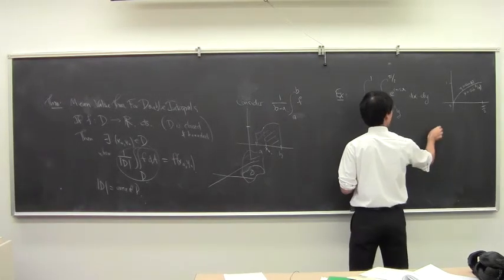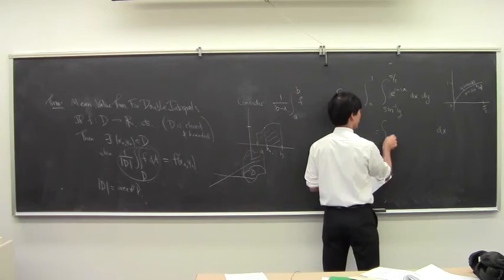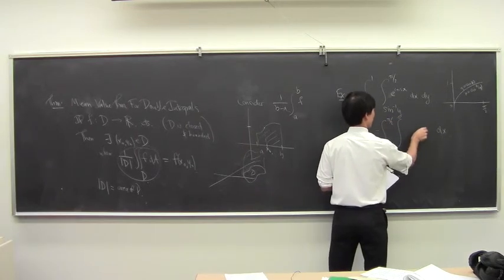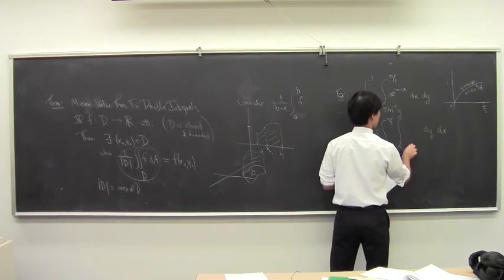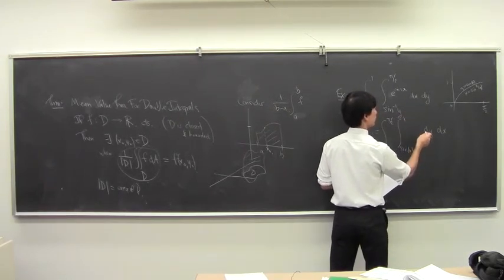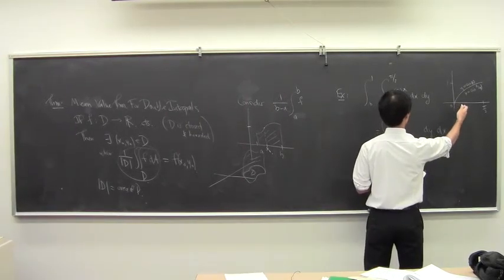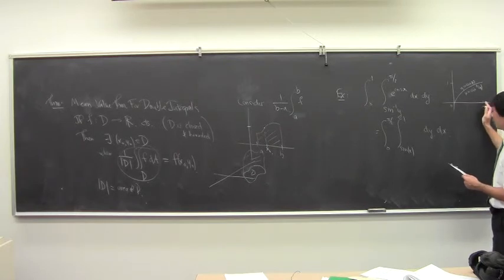We do the x's first. It'll be from what to what? From 0 to pi, and then the y's go from sine x to 1. The x's go from 0 to pi over 2. So for each fixed x, the y's go from... Oh, I'm sorry.